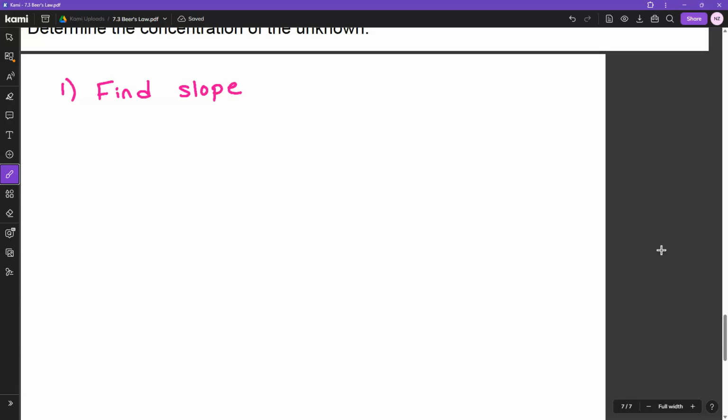When we collect our data, we're going to get a bunch of values, but our absorbance is going to be on our y-axis, and our concentration is going to be on our x-axis. And then the slope is going to be our epsilon, our molar absorptivity coefficient.